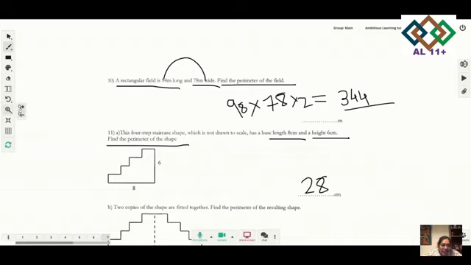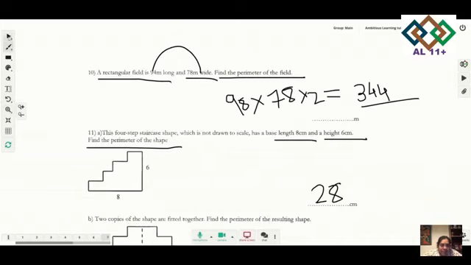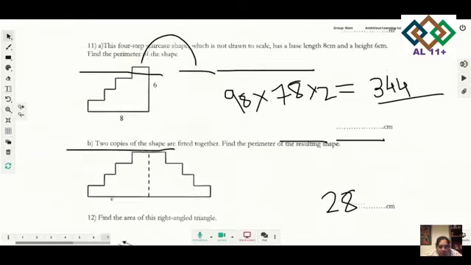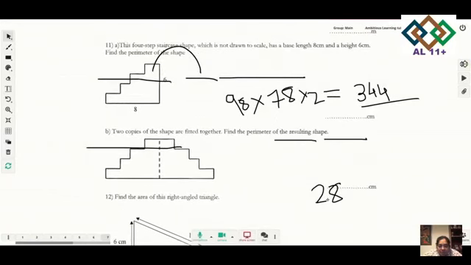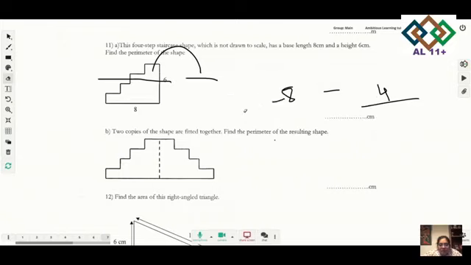So moving on to the next one. They have given 2 copies of the shape.